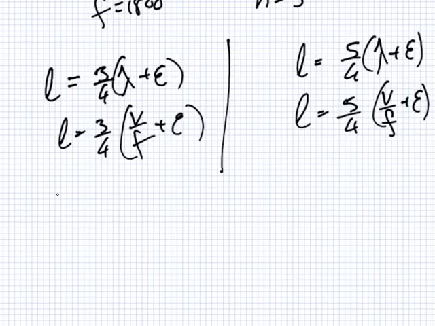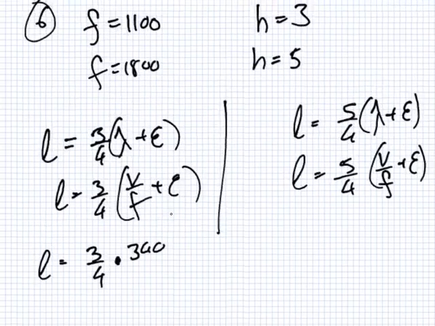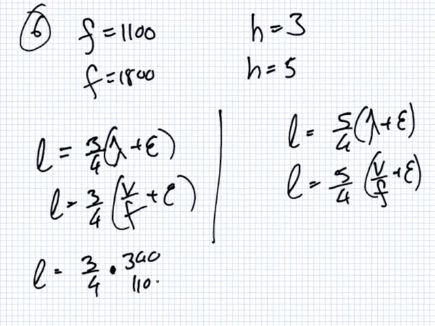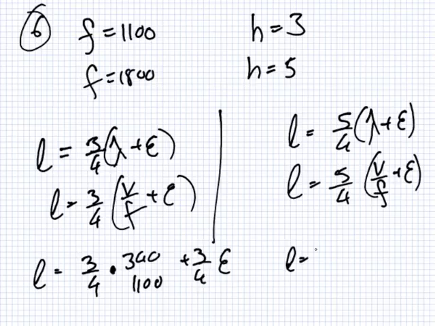Okay, so now I get L equals 3/4 times 340 over 1100 plus 3/4 the error. And here I get L equals 5/4 times 340 over 1800 plus 5/4 the error.